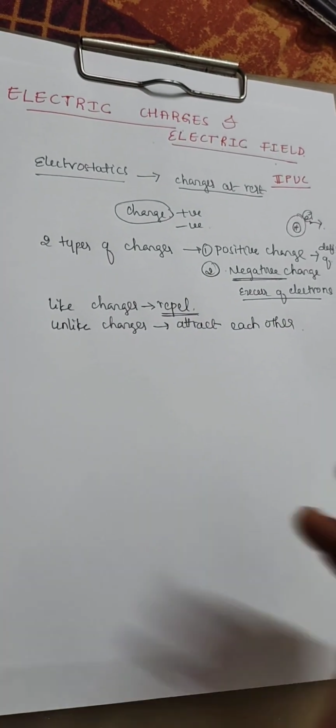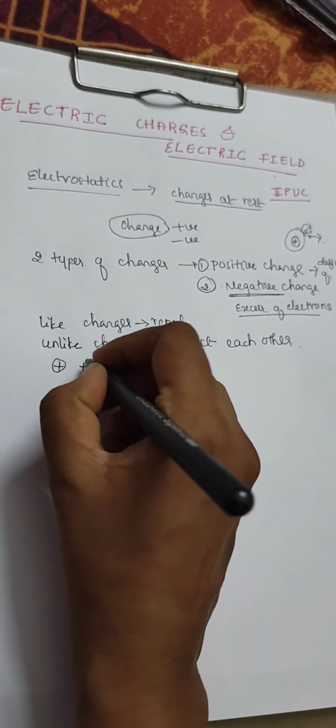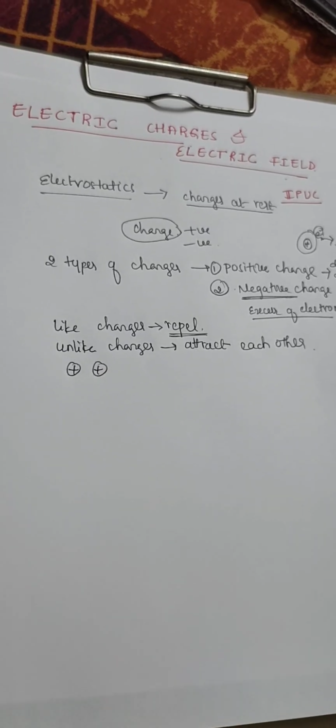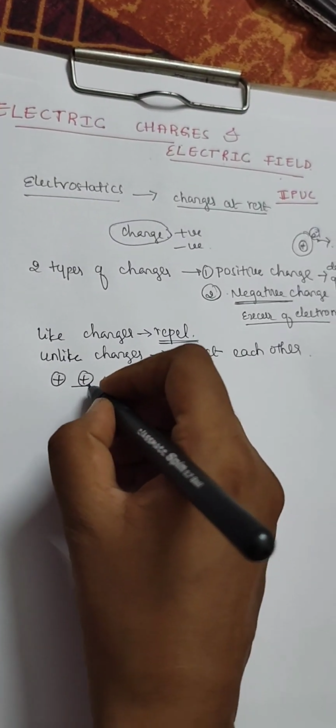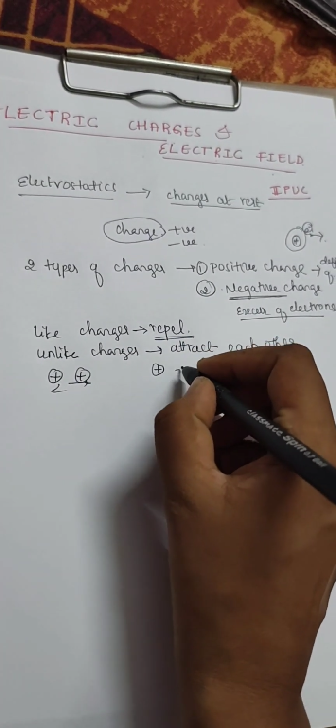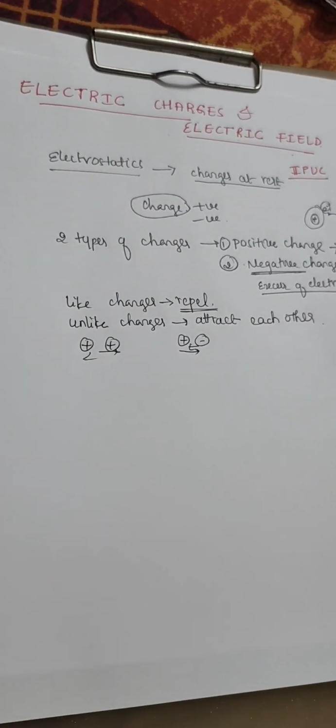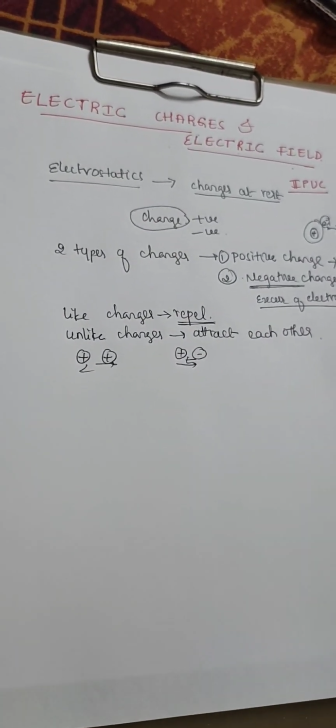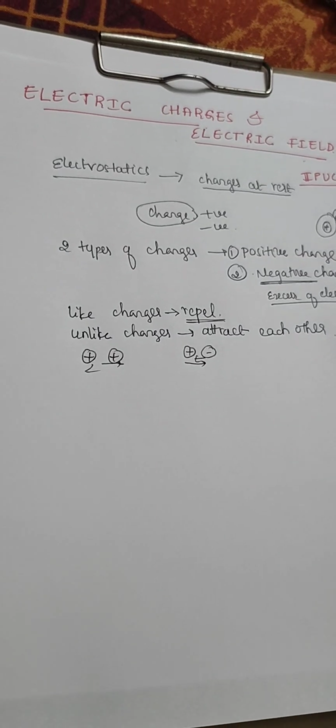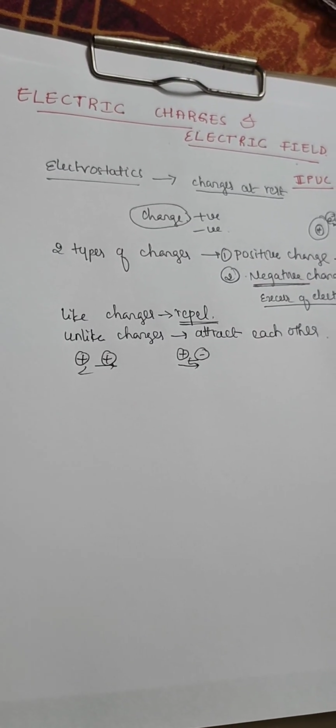If we consider a positive and a positive charge, they will always repel each other. If we consider a positive and a negative charge, the force between them will be attractive. So like charges repel and unlike charges attract each other.